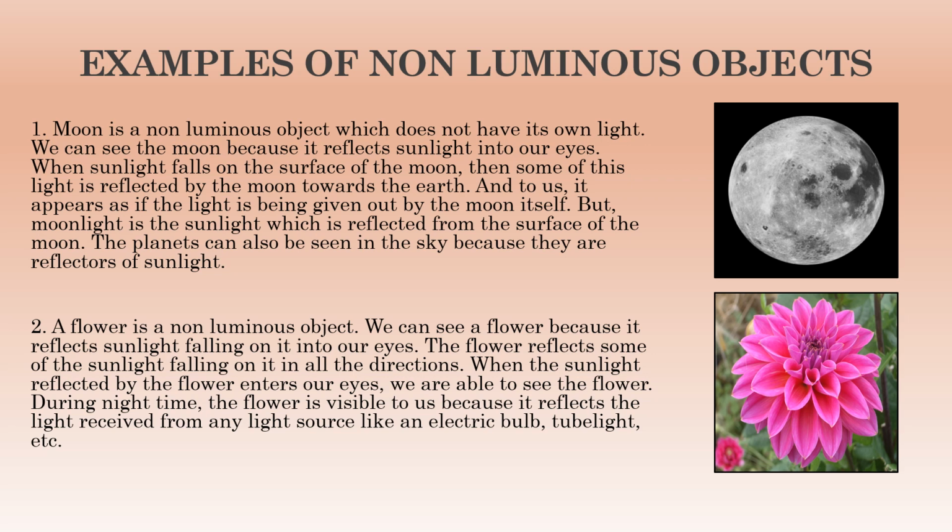Similarly, the planets can also be seen in the sky because they are reflectors of sunlight. That means they reflect the sunlight. Another very common example is the flower. A flower is a non-luminous object. We can see a flower because it reflects sunlight falling on it into our eyes.